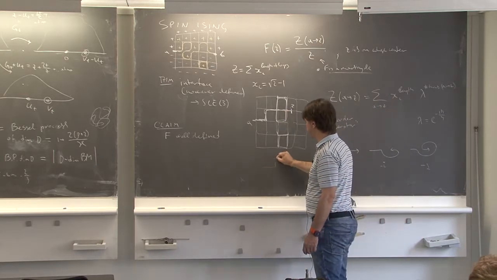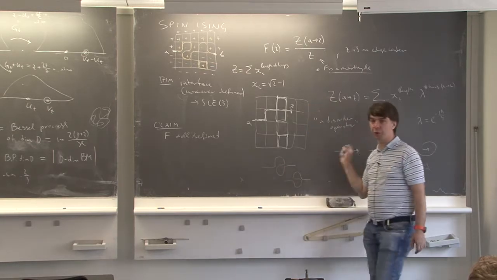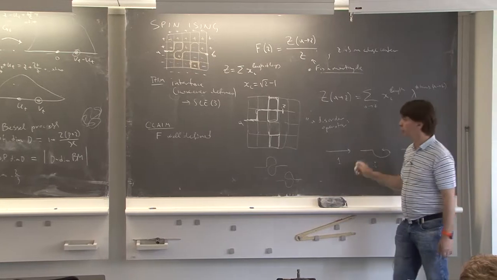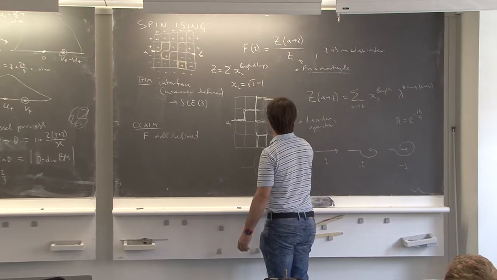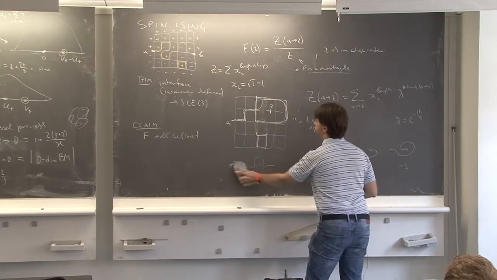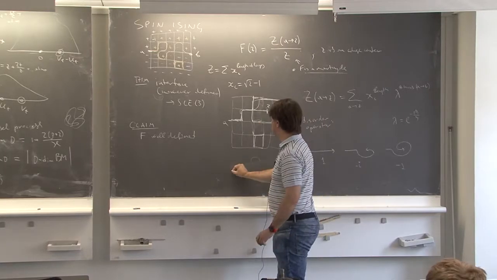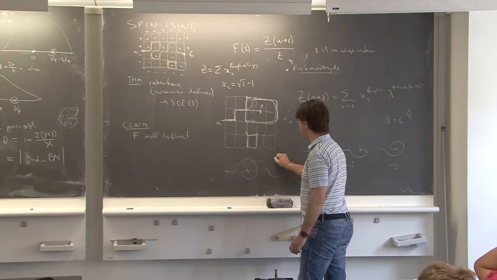You can draw it like that, or you can draw it like this. So I claim that winding might change. Winding actually doesn't change on this picture, but it would change on that picture. So on that picture, you can either go like this, or you can go like that.